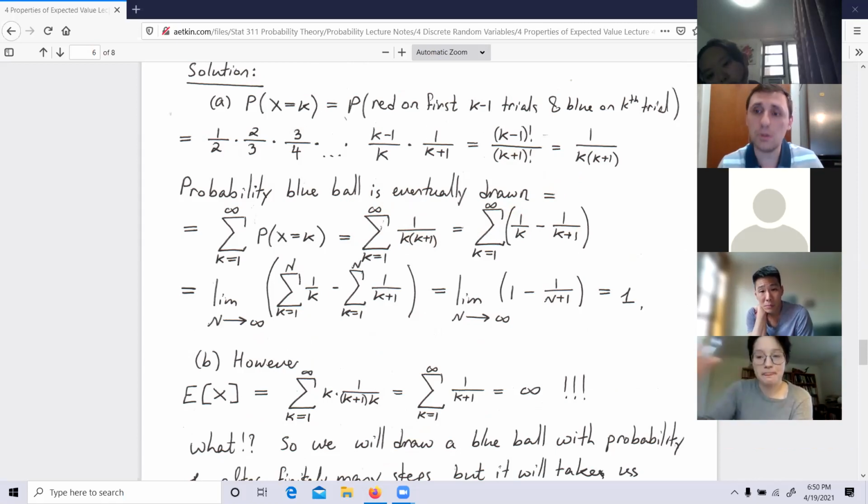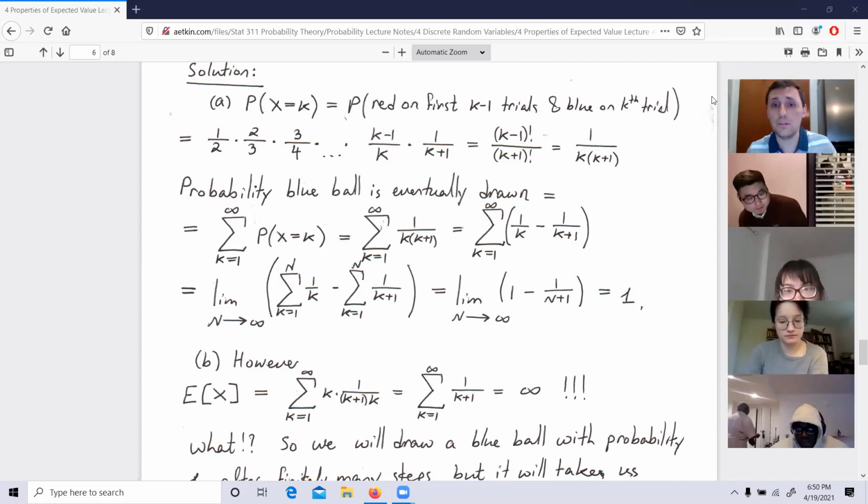But I used algebra to verify. This is a over k plus b over k plus 1, and it ends up being this. I can show you how to do that. Then I just take the limit, and I can see things cancel out, and good.